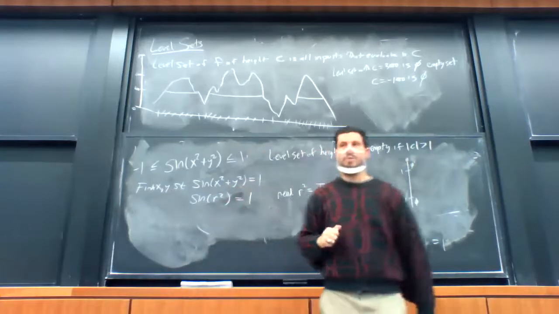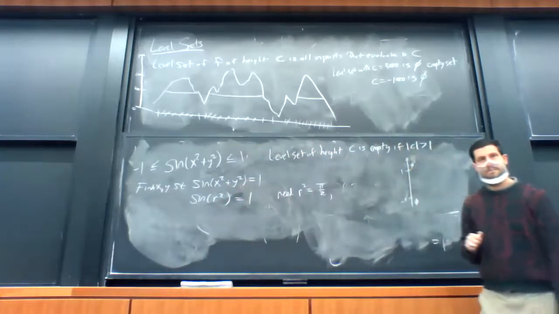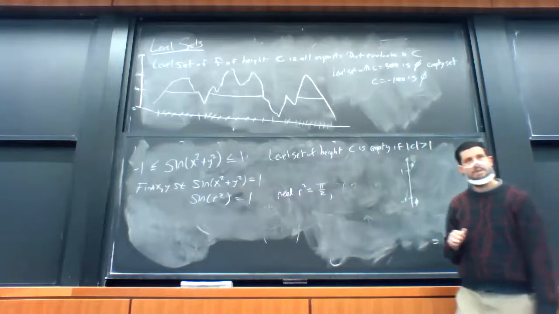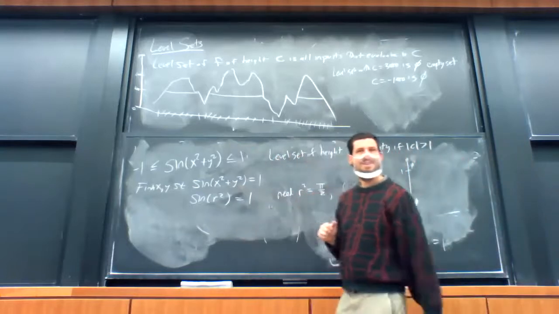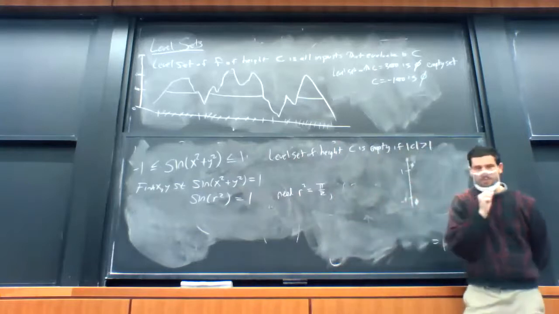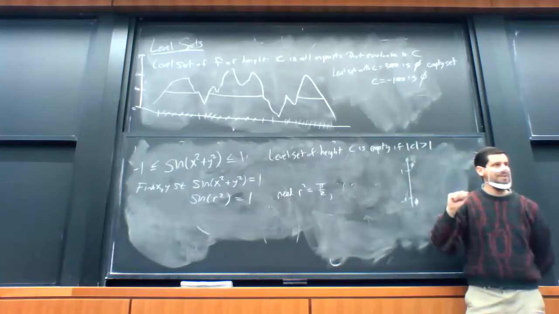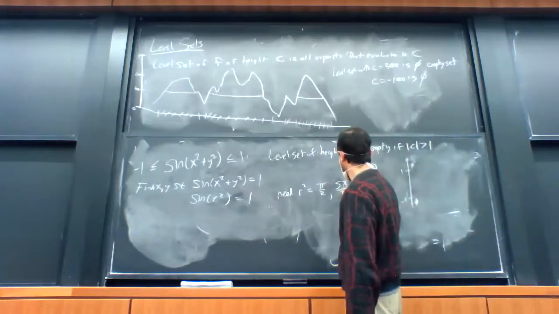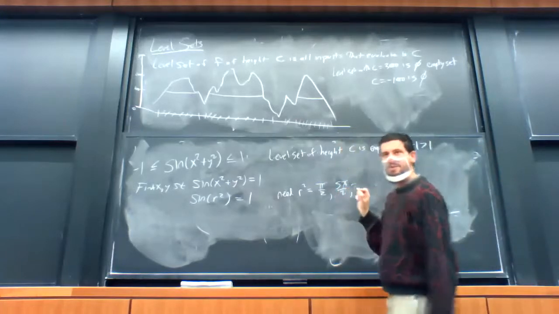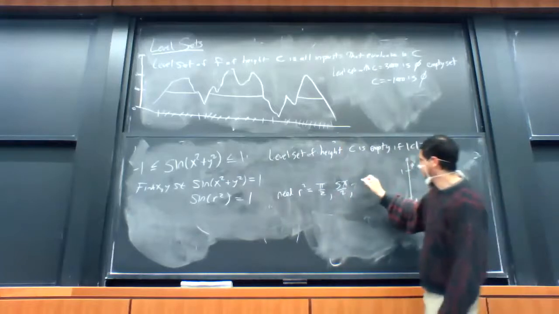When's the next time it's equal to 1? Not 3 pi. 3 pi over 2 would give you negative 1. 5 pi over 2. What's next? 9 pi over 2.